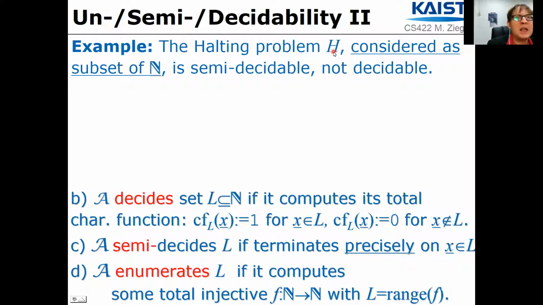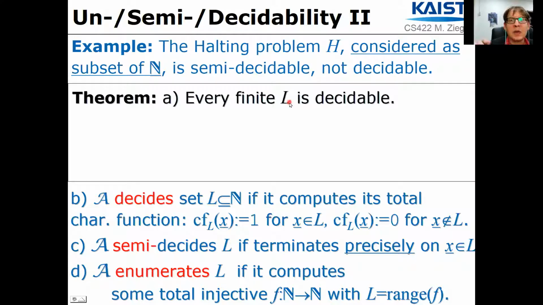So now we can indeed move from the informal conception of a problem as being a question to the more formal notion of a decision problem as a subset of natural numbers. And again, the emphasis is on natural numbers, because if we want to talk about other sets of inputs that are not natural numbers, then we can encode them as natural numbers.